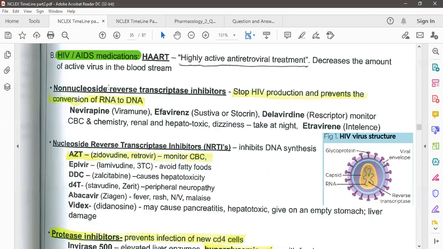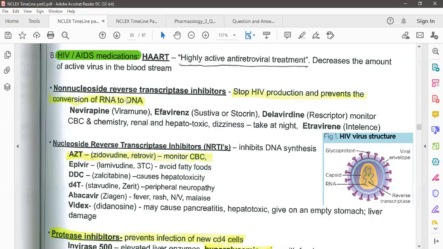One is called nucleoside reverse transcriptase inhibitor. They stop HIV production and prevent the conversion of RNA to DNA.